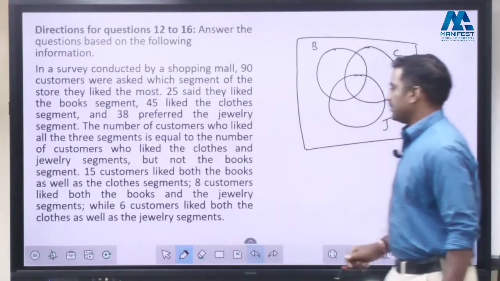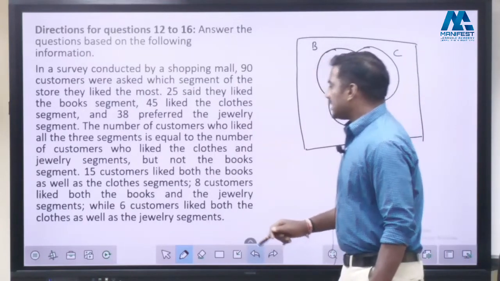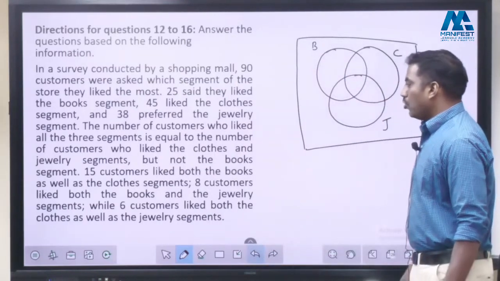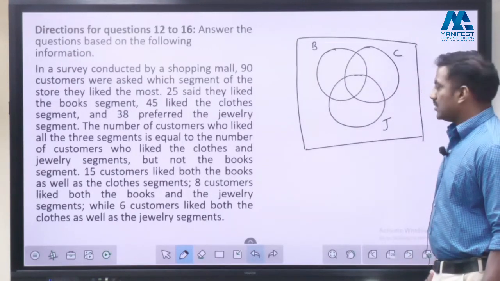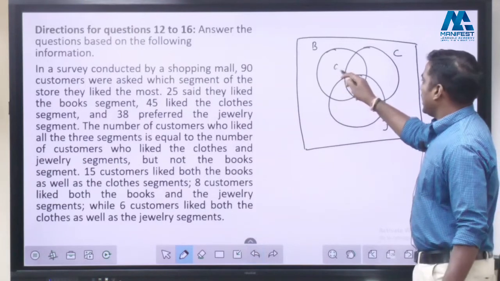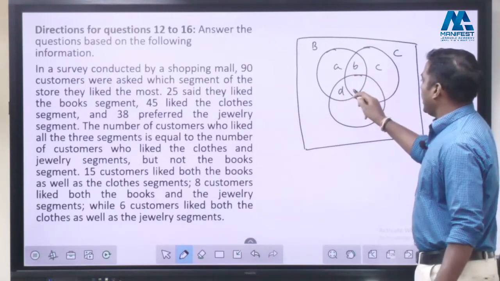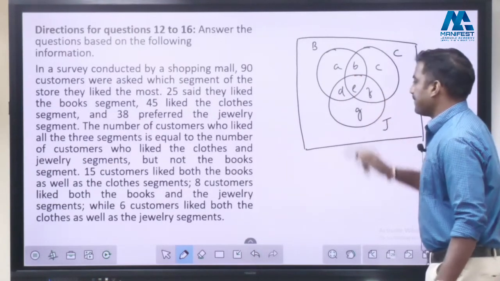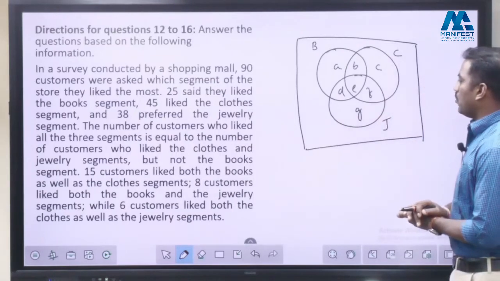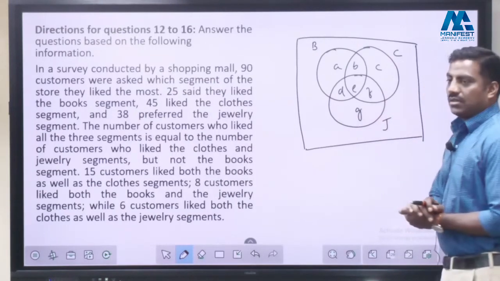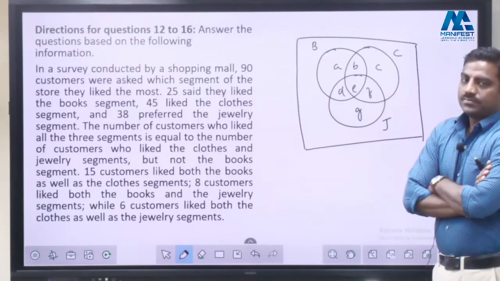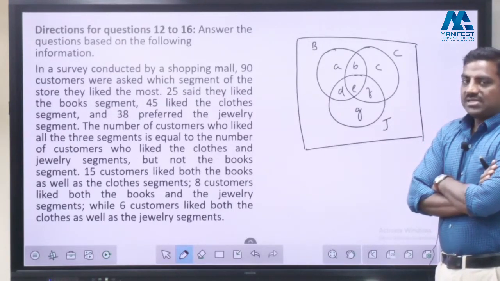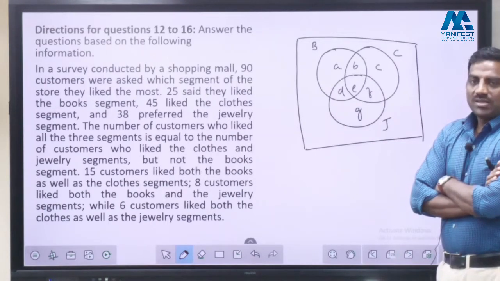Now, next. 15 customers liked both the books as well as clothes segment. So let's say A, B, C, D, E, F, G. Is there any only? When only is there, then that is exclusive.